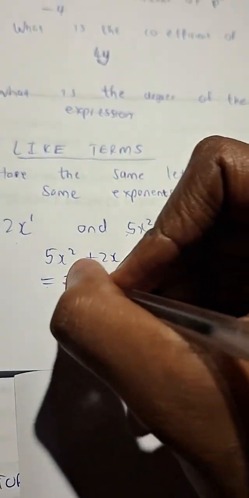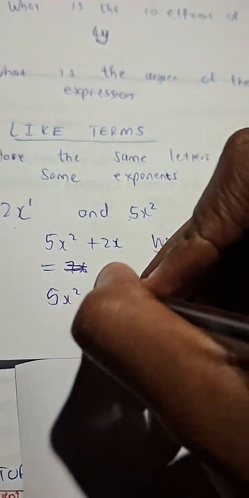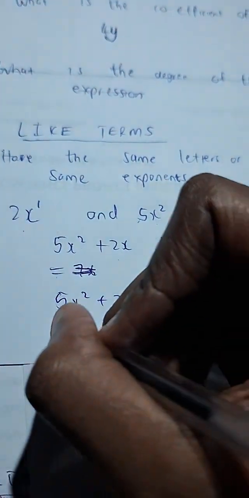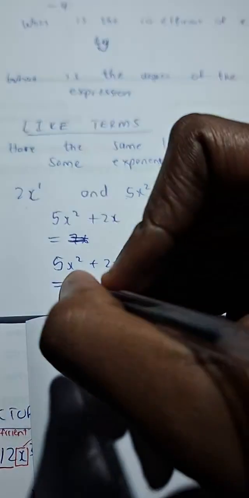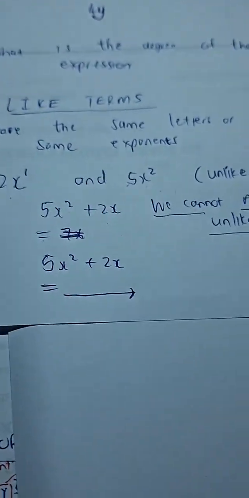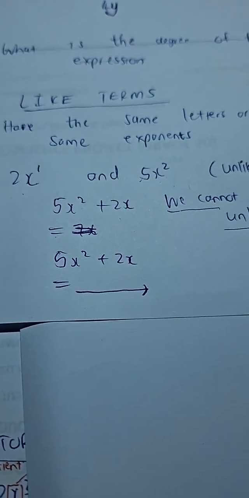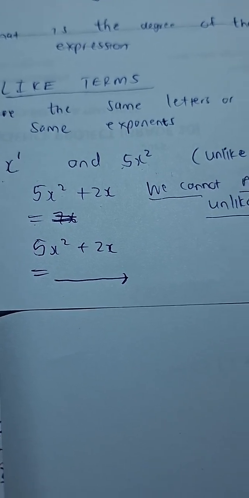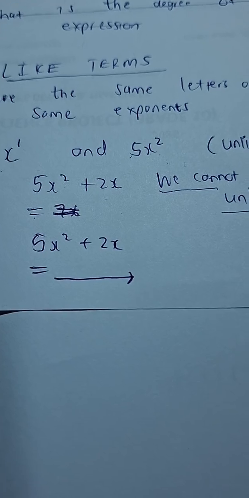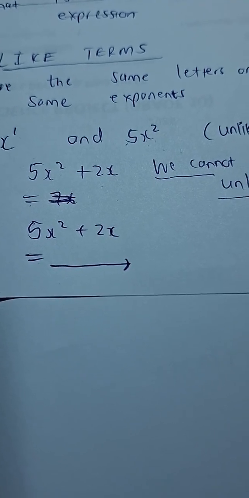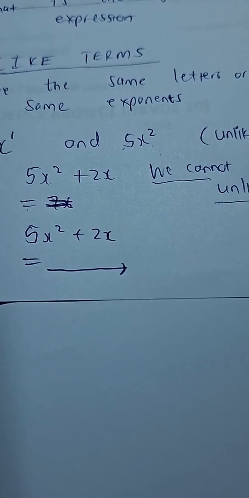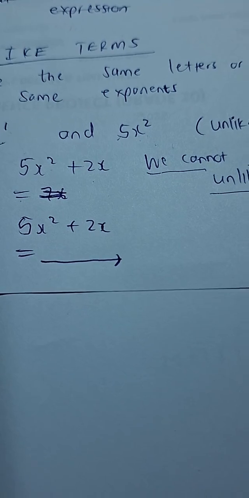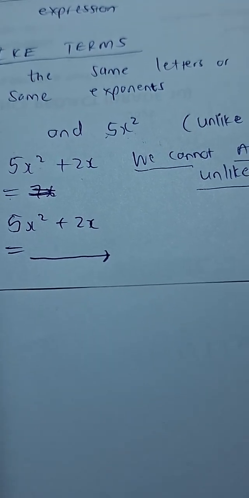So if I come to you and I say 5x squared plus 2x, what is the answer? What would you guys say? 5x squared plus 2x is equal to? In the comment section, guys, give me the answer. Amon says it will remain the same. I wonder if that is really true. Sabrina says stay the same.